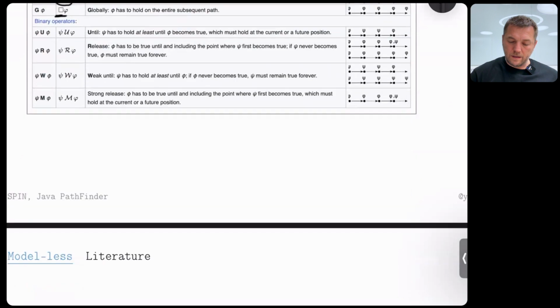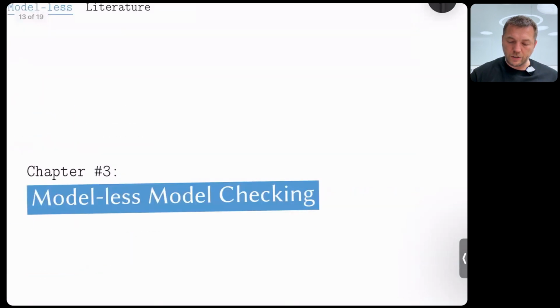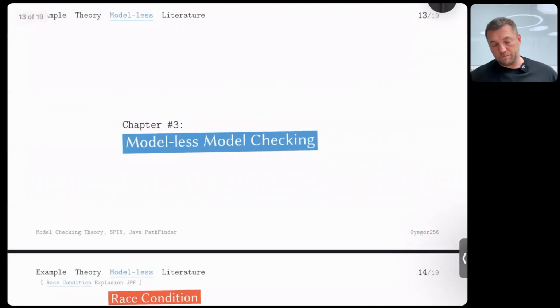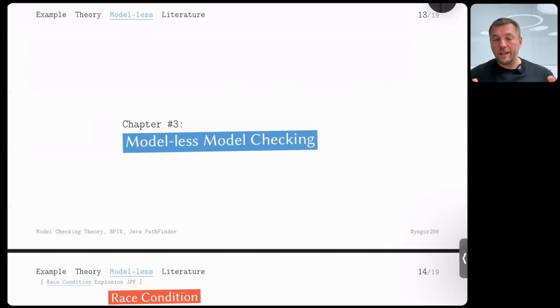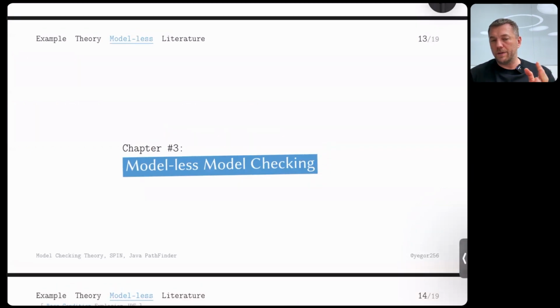The last part of today's lecture is model-less model checking, which is a simpler approach, because what I showed you before is, in my opinion, complicated. It's going to take you a lot of time to learn the language to describe your model, and then the linear temporal logic language, which you also need to learn.